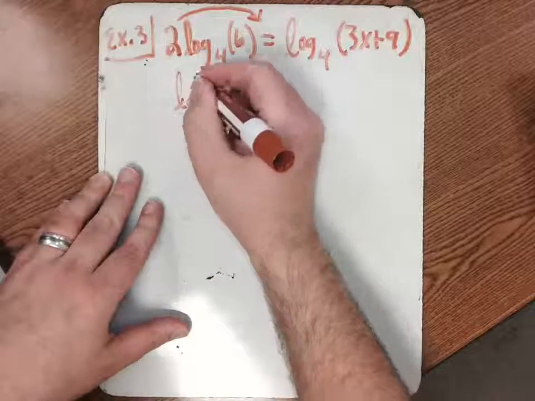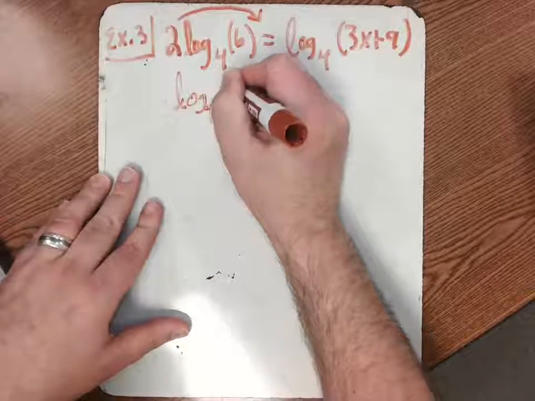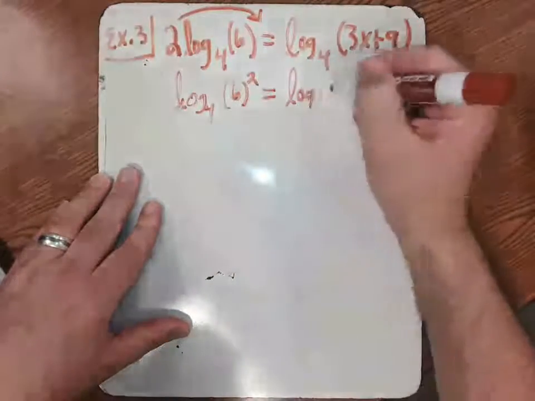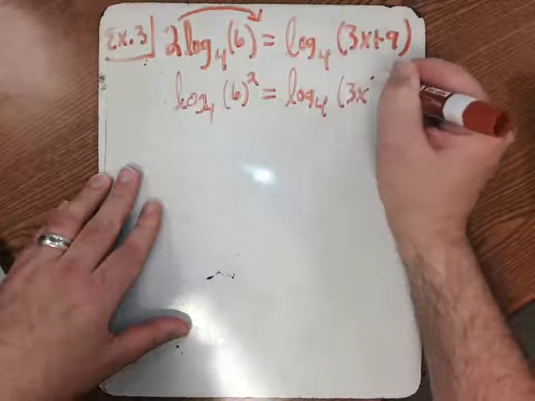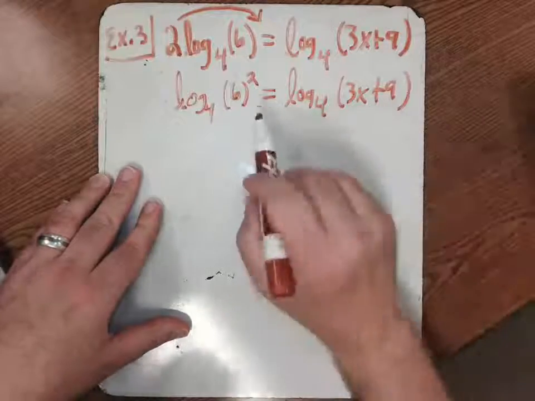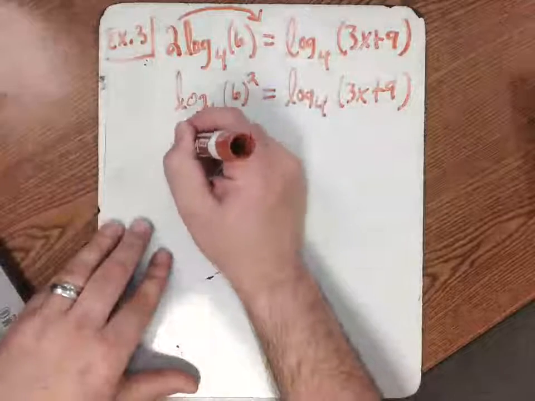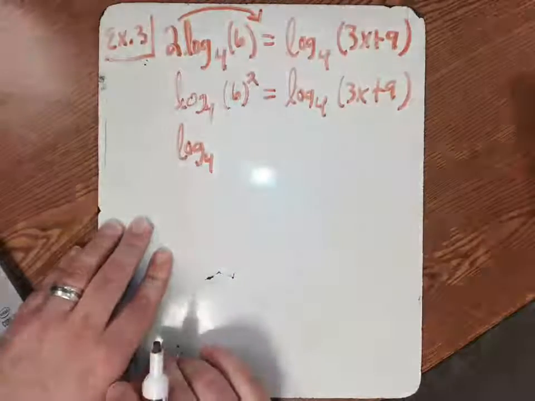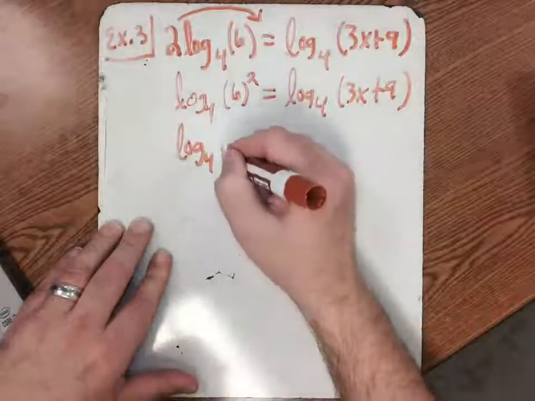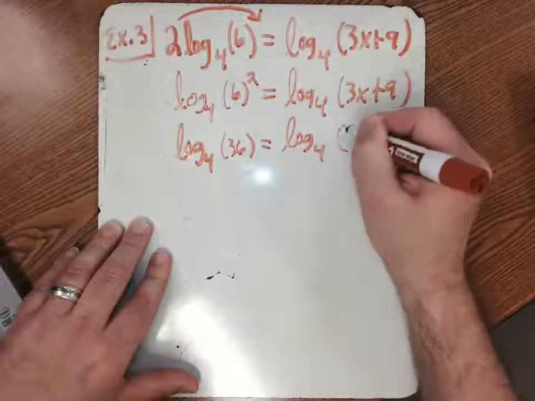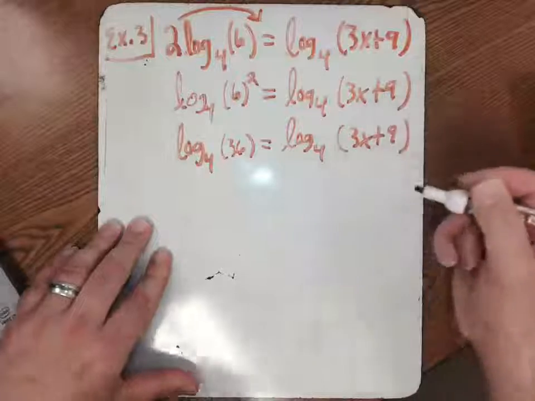So I'm going to rewrite this as the log base 4 of 6 squared, and that's going to equal the log base 4 of 3x plus 9. And then I'm going to go ahead and square this since I can. 6 squared is 36. So this is the log base 4 of 36. And that's going to equal the log base 4 of 3x plus 9.